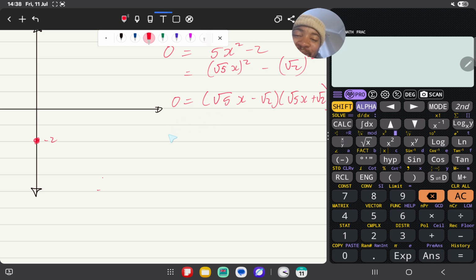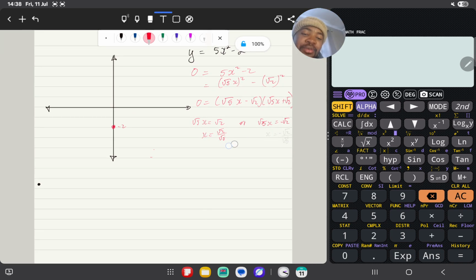So then you equate each bracket to 0, say square root of 5 x equals square root of 2, or square root of 5 x equals minus square root of 2. You divide by square root of 5, square root of 2 over square root of 5, and minus square root of 2 over square root of 5, right? Which is exactly what we got. But don't try to be fancy, man. If you can be fancy without making mistakes, so be it. But don't try to be fancy.